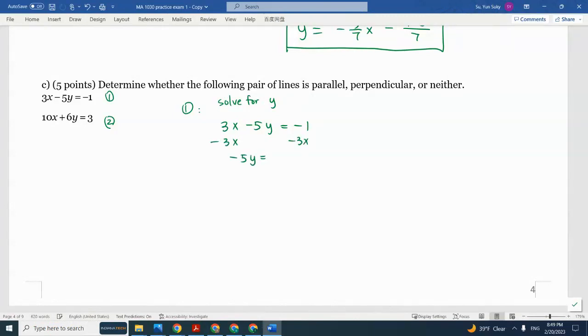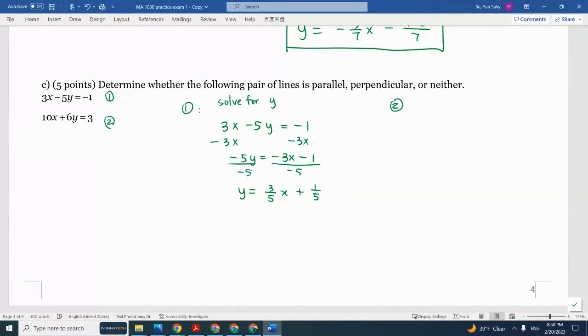Get negative 5y is negative 3x minus 1. Both sides divided by negative 5. We get y equals 3 over 5 x plus 1 over 5, the negatives cancel. So the slope is 3 over 5, and the y-intercept is 1/5.